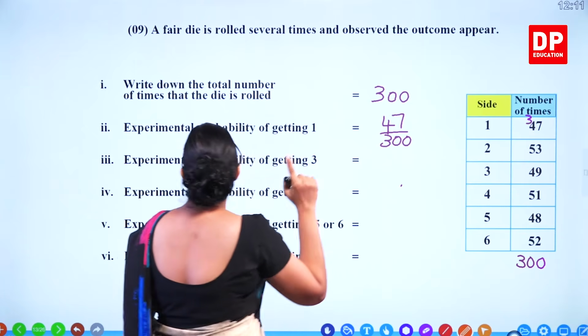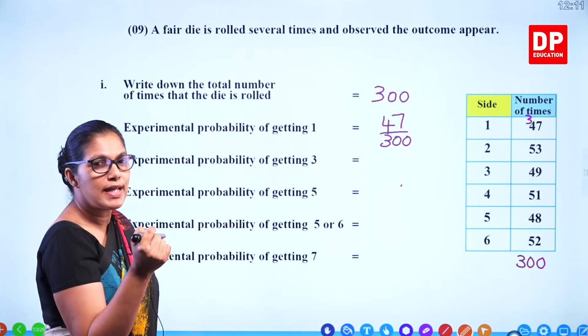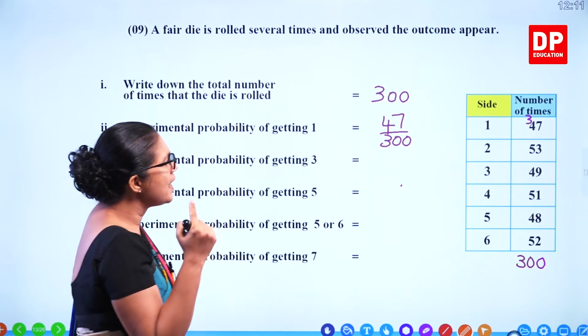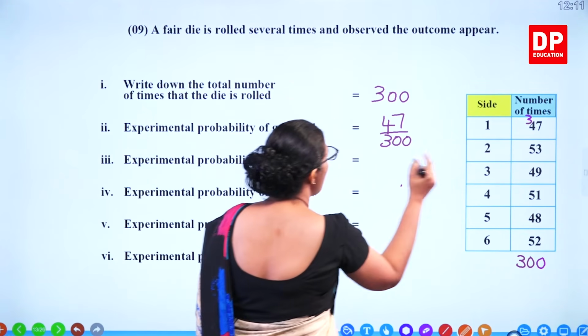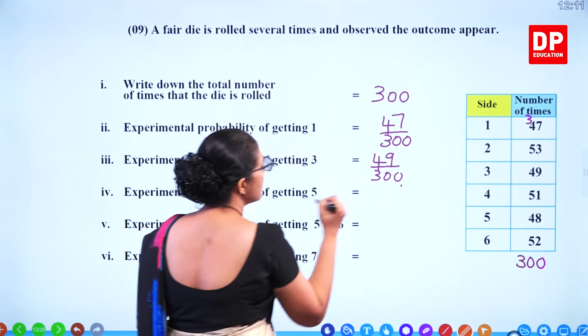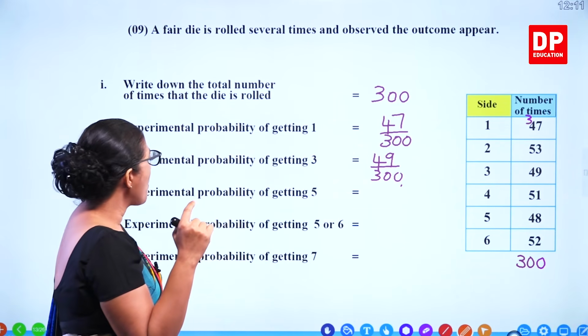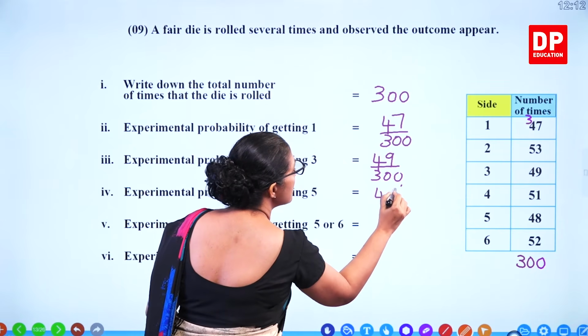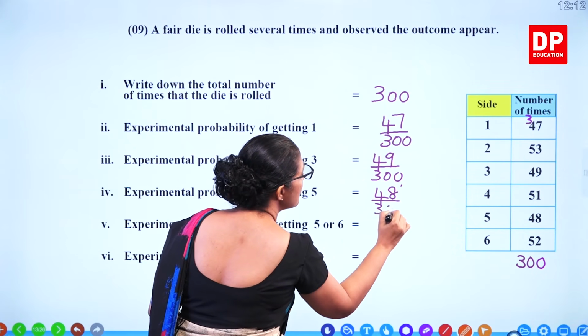So that's the probability of getting 1. What's the experimental probability of getting 3? That's 49 out of 300. What about the experimental probability of getting 5? 48 over 300.